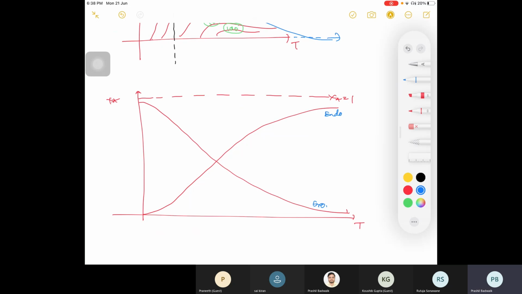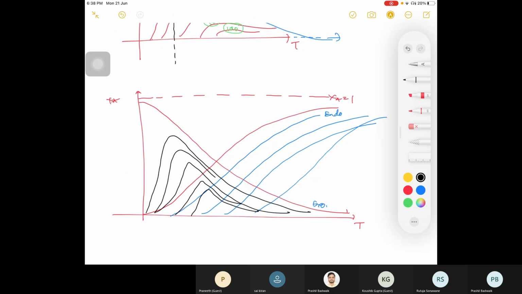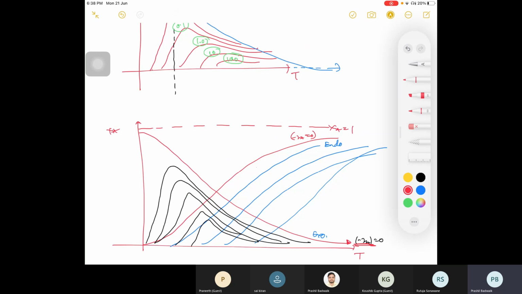Now next, for endothermic you will get different curves like this, and for exothermic you will be having this kind of curves. I hope I am clear. Right? So this is your minus RA equals 0 curve, this particular curve, and this is also your minus RA equals 0. Please don't confuse, I have drawn these two graphs together, but this is not for the same reaction.